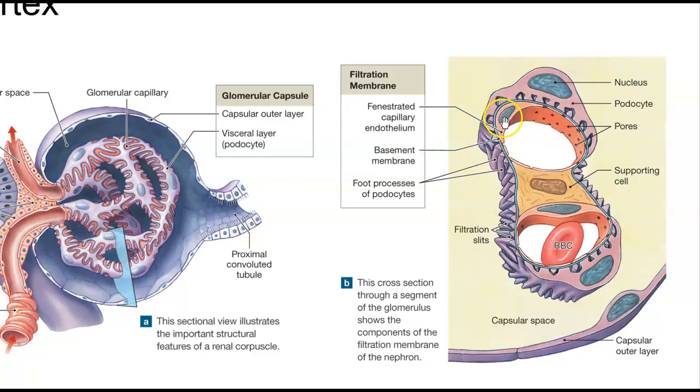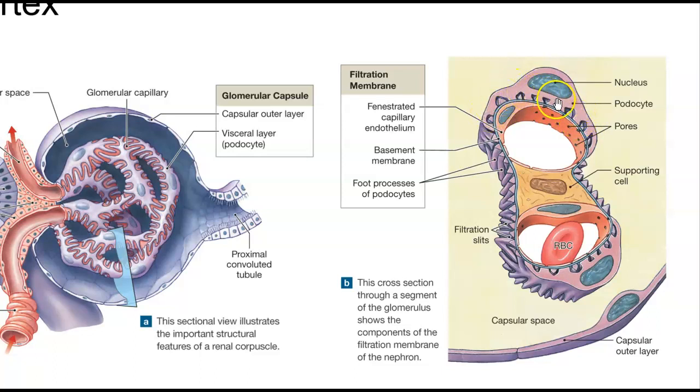So this is a glomerular capillary. It's the cell that forms the lining of the glomerular capillary, and it's got pores in it. Then you've got the basement membrane between the two layers of tissue: the basement membrane for the capillary endothelium and the basement membrane for the portion of the glomerular capsule.